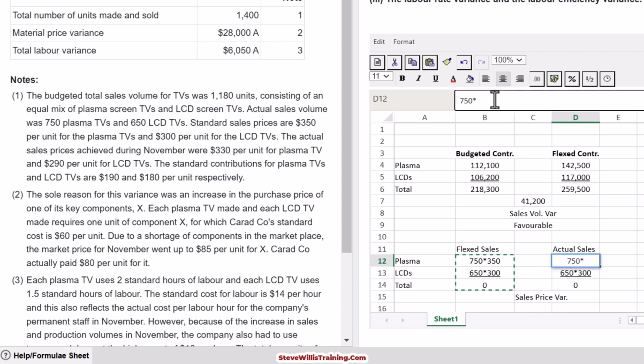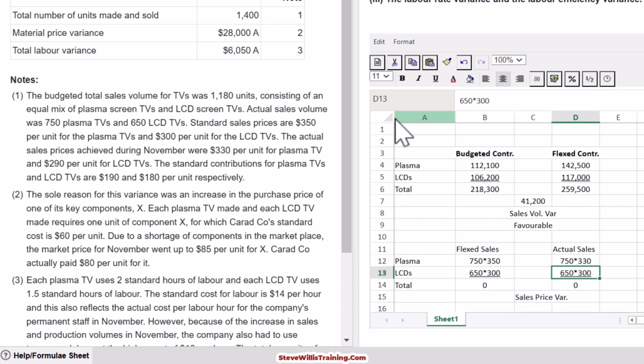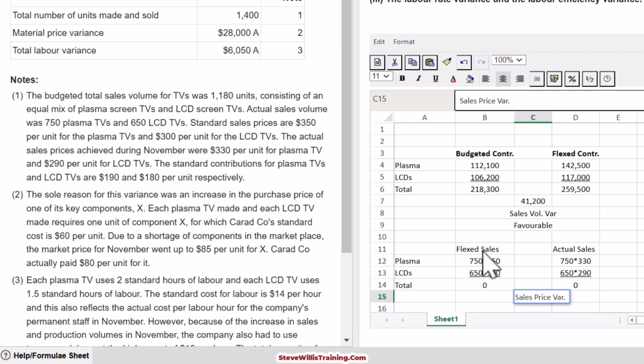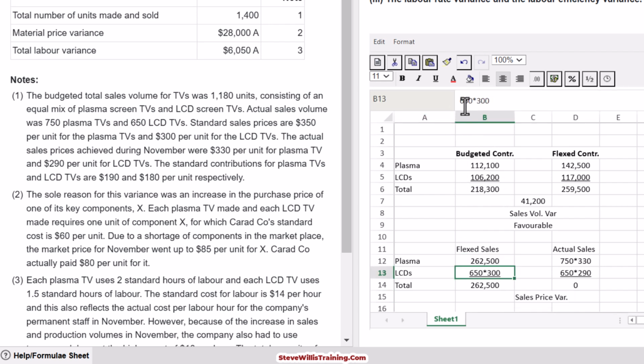And what are the actual prices? We've got 330 and 290. And all we have to do is plug some equal signs in front of those equations, and we will then get results.